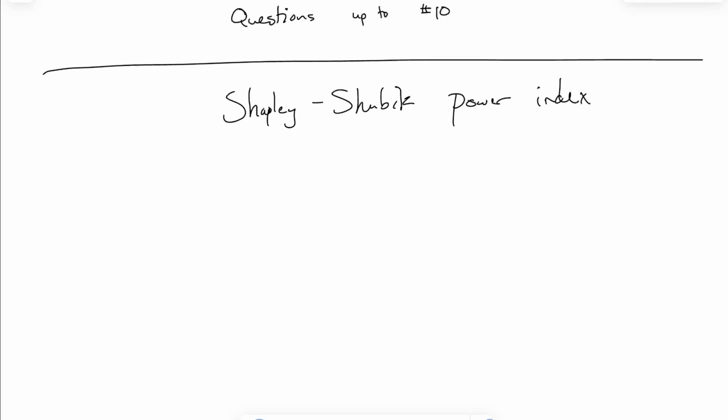And the Shapley-Shubik, I'm going to write as SS. This measures power according to pivotal votes.